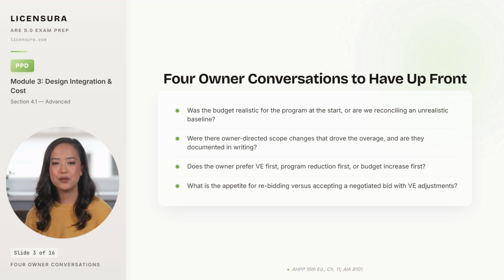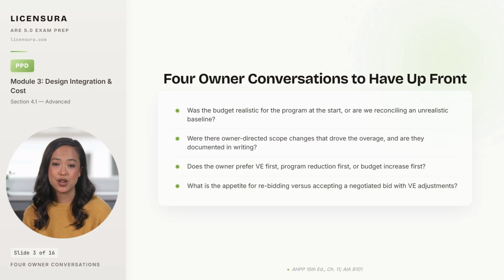If the baseline was unrealistic, that conversation belongs at the front of the meeting, not at the end. Second, were there owner-directed scope changes during design that drove the overage? And are those changes documented with written authorizations from the owner? If they are, the redesign cost burden under B101 shifts and the meeting changes character.